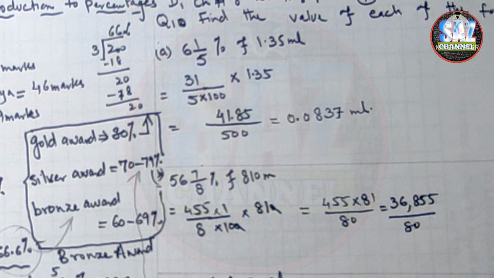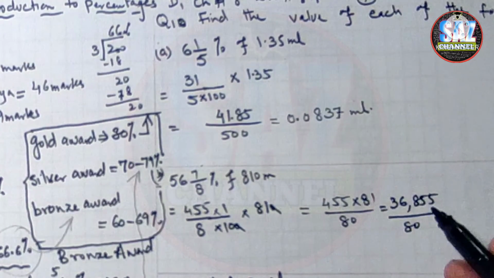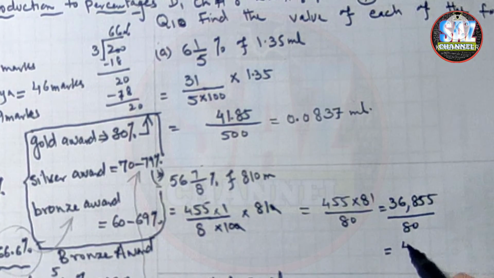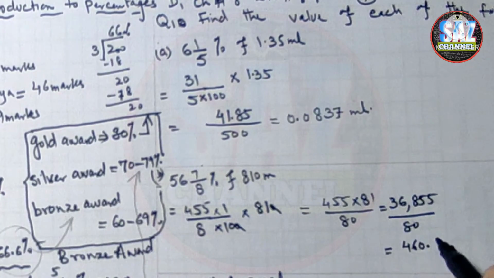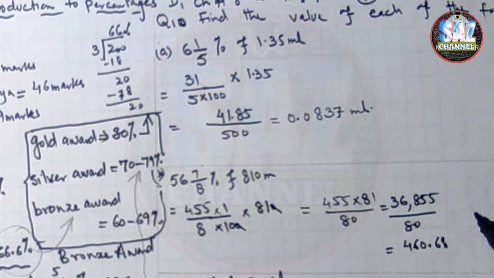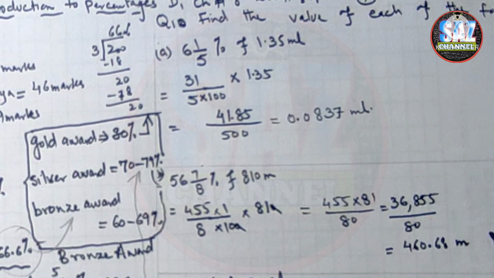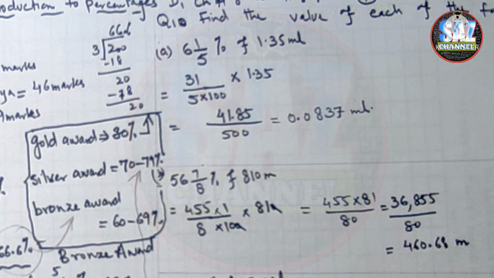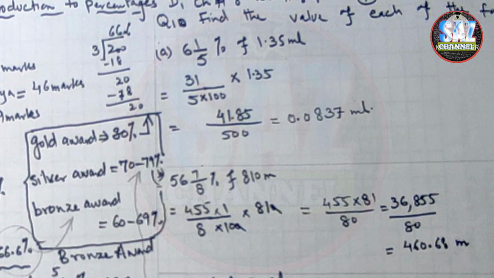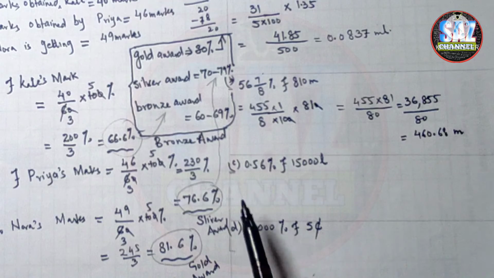I have to divide this number by 80, and this gives me 460.68 meters. Either you can give your answer in the form of a fraction, or in the form of a decimal. These are large calculations. They preferably come in paper 2, where a calculator will be allowed.